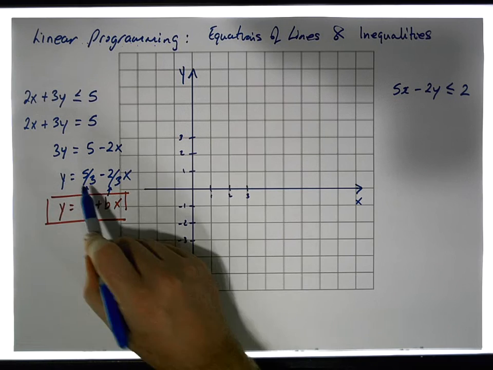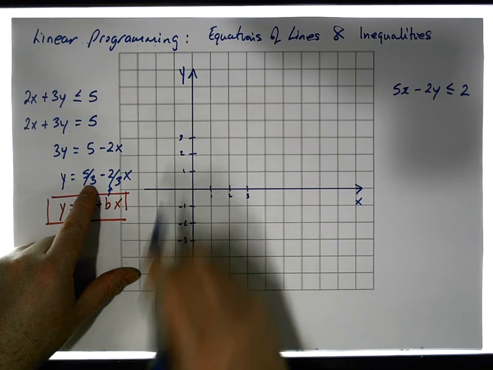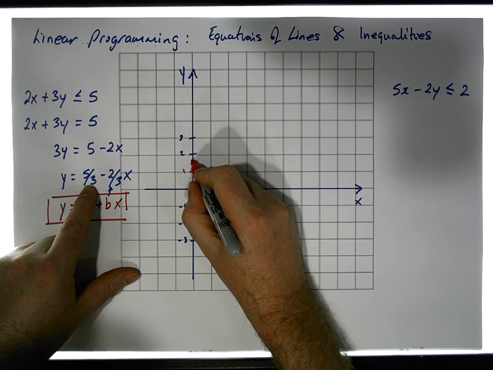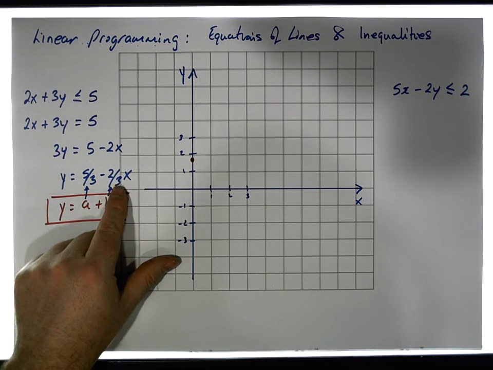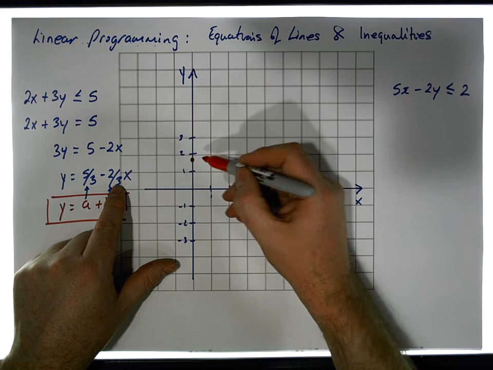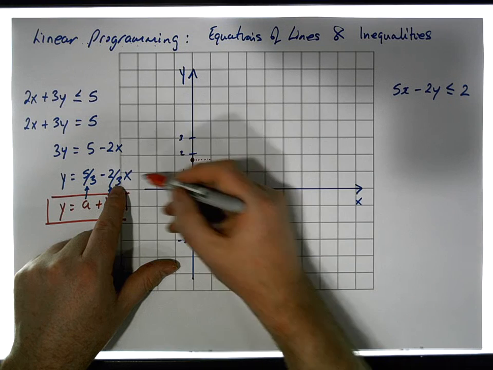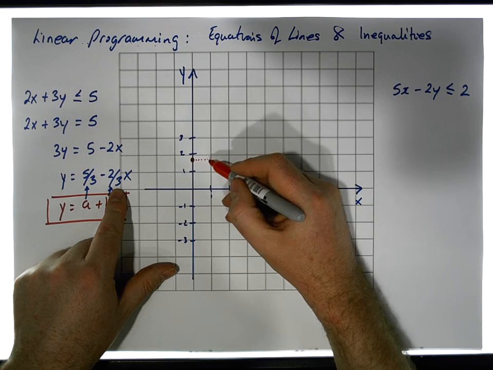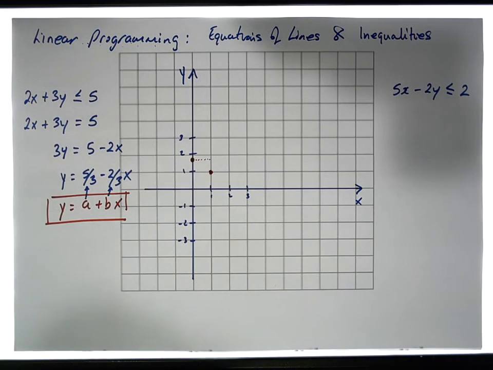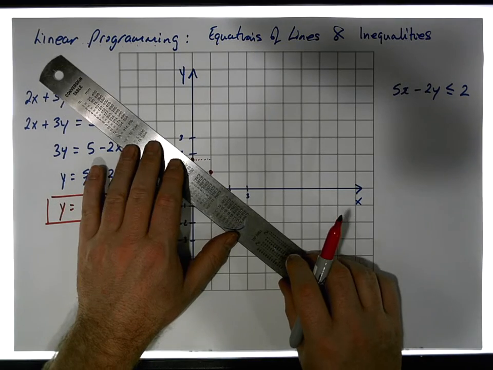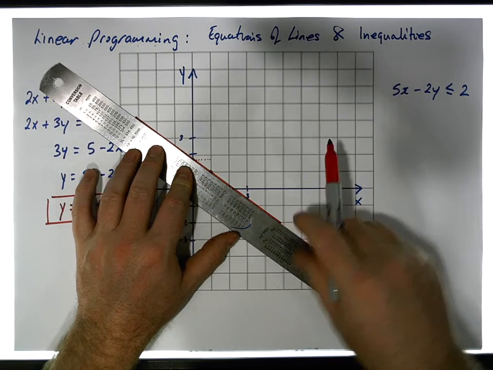So this line intersects the y-axis approximately here, and the slope is minus 2 thirds, which means that if I step out 1 unit in the positive x direction, I'm going to fall down 2 thirds, which brings me down to this particular point here. So there are 2 points on the line, and the line goes through those 2 points like this.